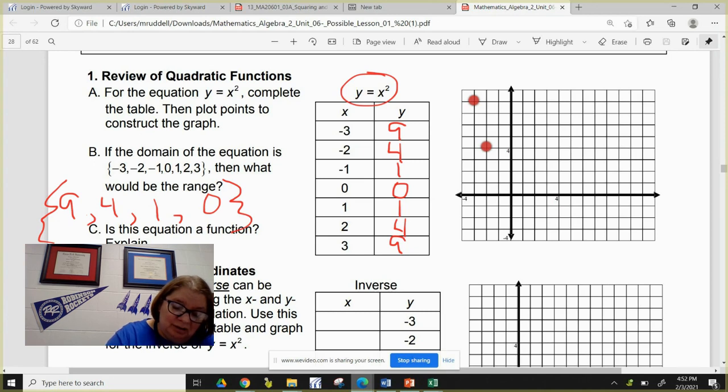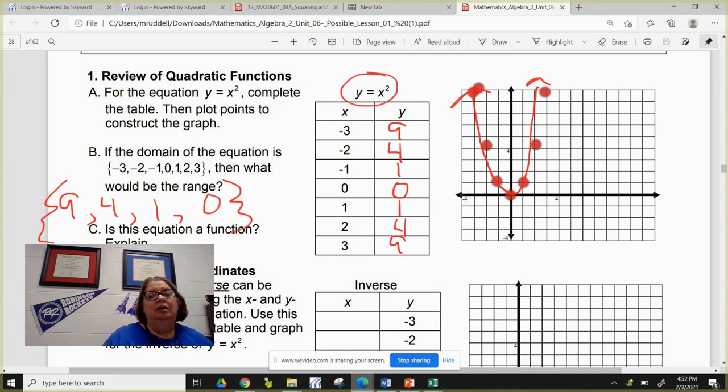I missed that one. I can't count today. Okay, negative 3, 9, all the way up here at the top. Negative 2, 4, right here. Negative 1, 1, 0, 0, 1, 1, 2, 4, and 3, 9. Look what happened when we plotted those points. We made a parabola.